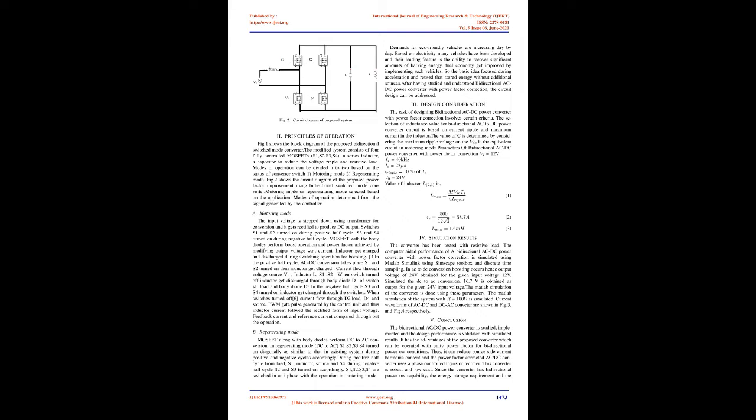The direction of the current flow in the inductor is the same under both motoring and regenerating conditions. A particular way of switching is implemented which requires a lesser number of switches and thus it reduces overall switching losses and increases its efficiency. Power factor correction in both power flow directions can be achieved using a simple control method.